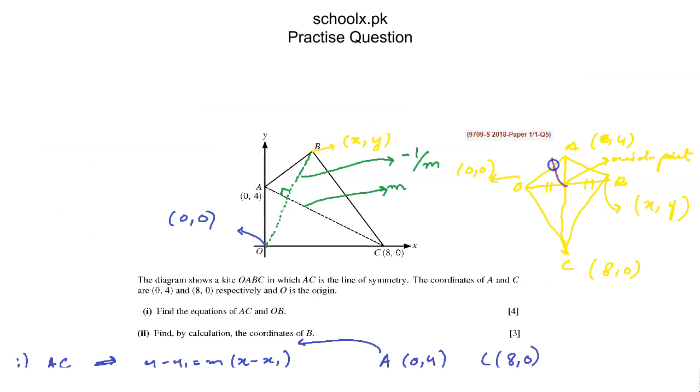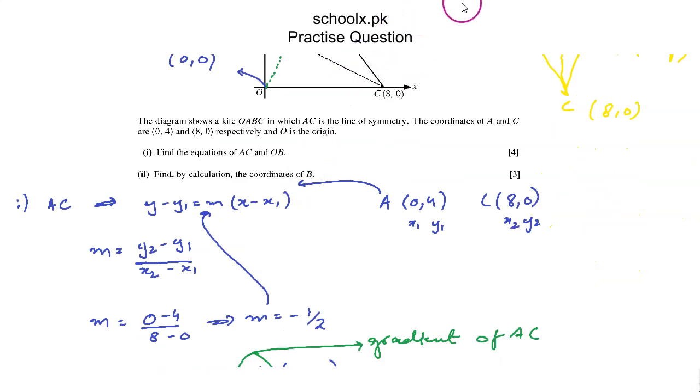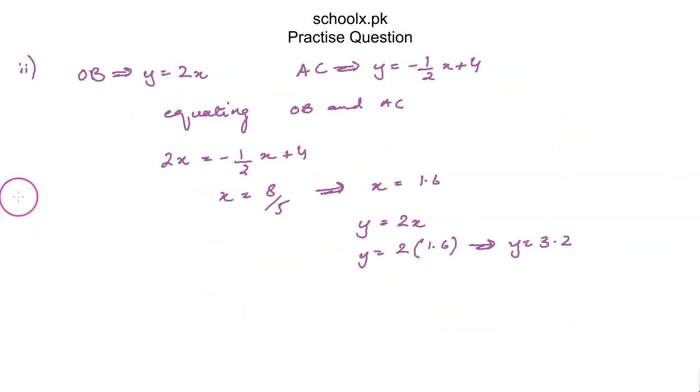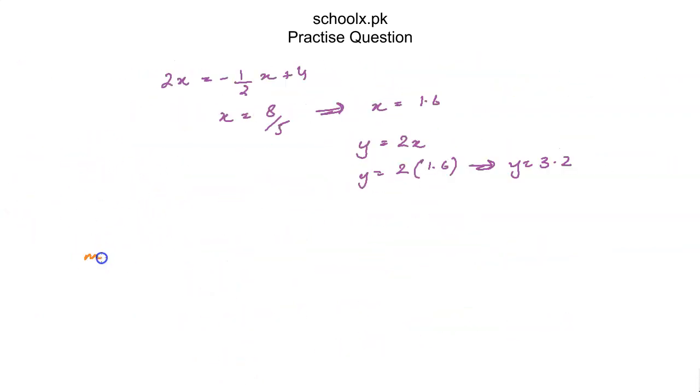The coordinates of this point are 1.6 and 3.2, right here, which is the midpoint of the line OB. Now the midpoint of any 2 points is x1 plus x2 over 2, y1 plus y2 over 2.